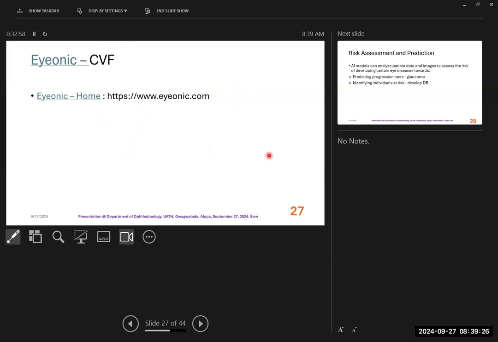Then Ionic. We have the CFF machine that we are using currently. There is an app called Ionic now. I don't know if the department or the teaching hospital would like to acquire it, because you have to register and you have to pay. But it was showcased during the last OSN in Enugu. I use it myself.